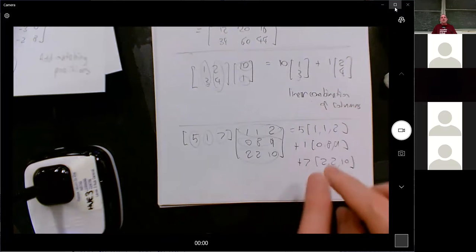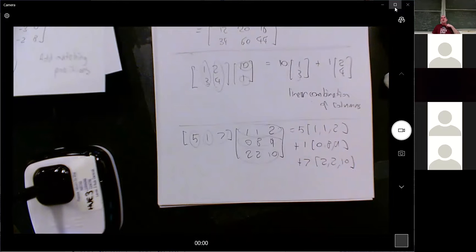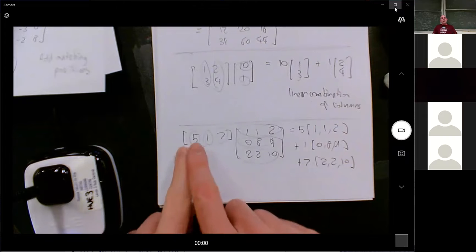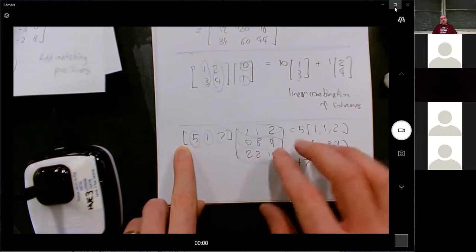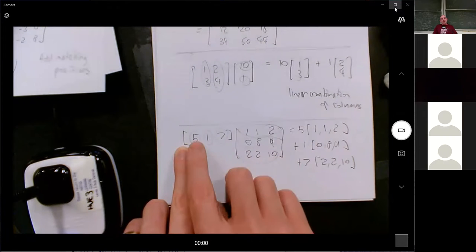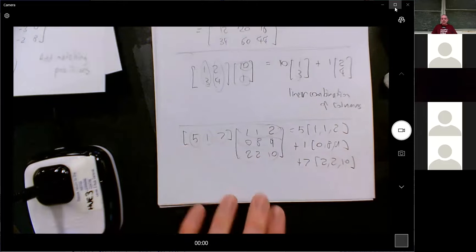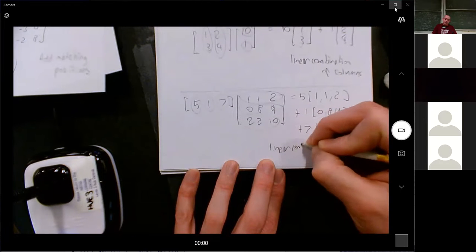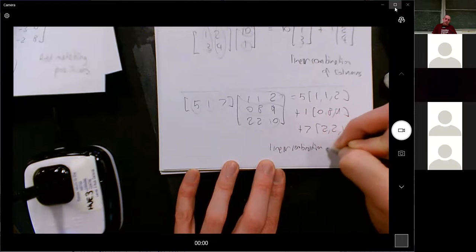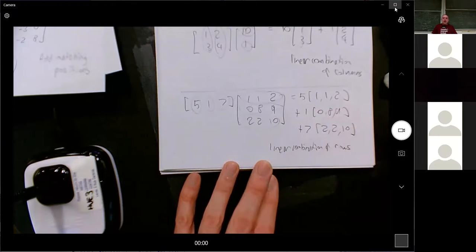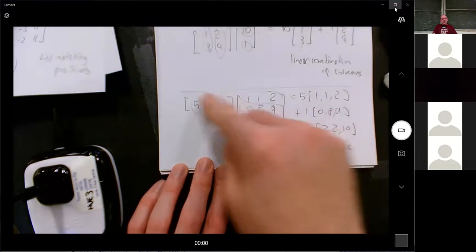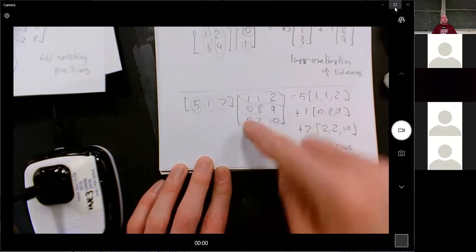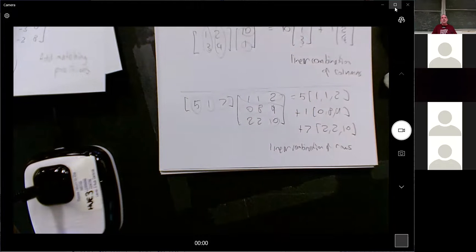I just put commas in when it's a single row, otherwise it's hard to see where one number ends and the next one begins. So putting a row on the left-hand side will combine these rows together by having some number of each of them and produce a new row. And it only requires this to have the same number of entries as this. Okay. That's matrix multiplication.